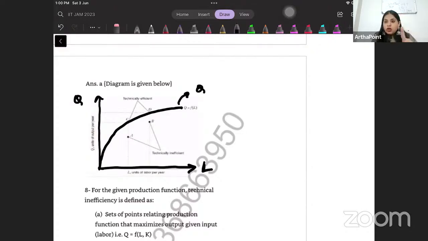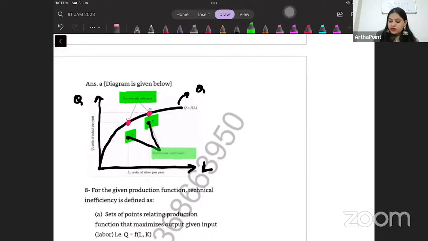If you are on the production function, like point C and D, then you are technically efficient. But if you are below your production function, like these A and B, you are below your production function, then you are inefficient. So if you are on your production function, only then you are technically efficient.